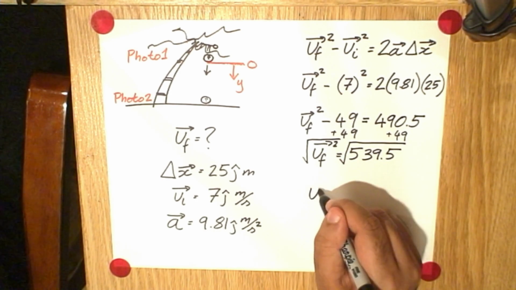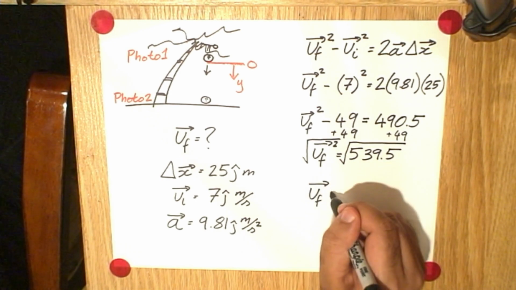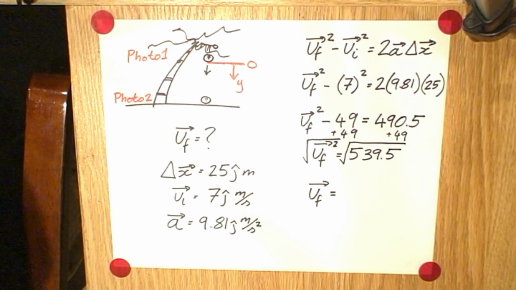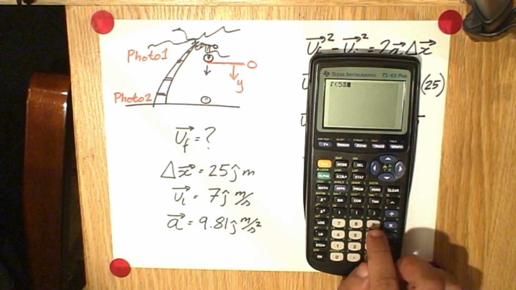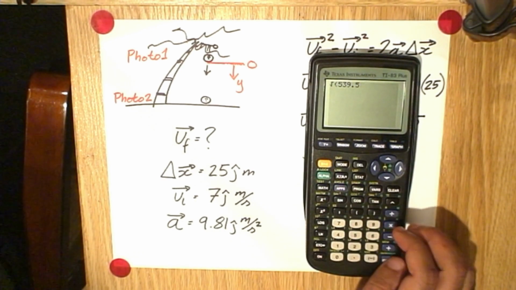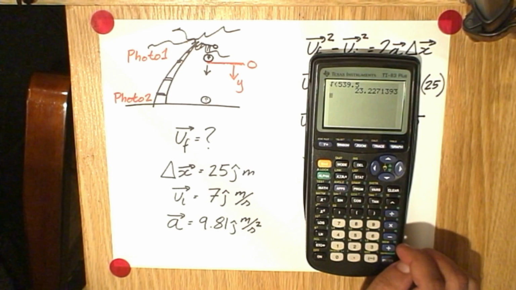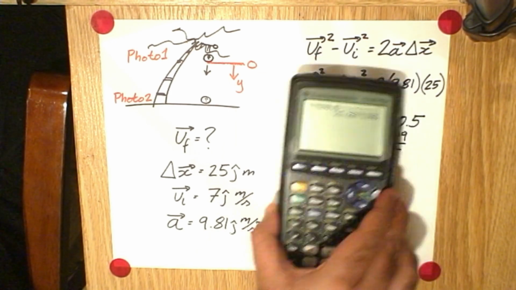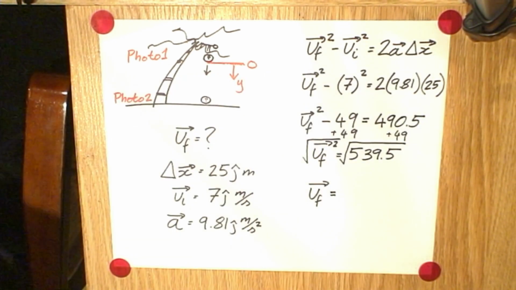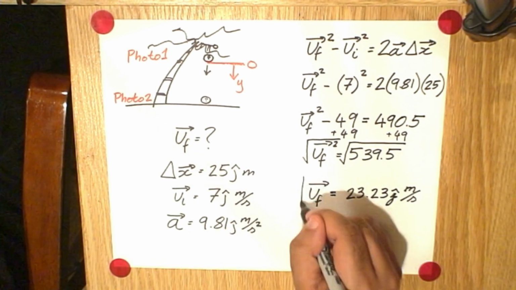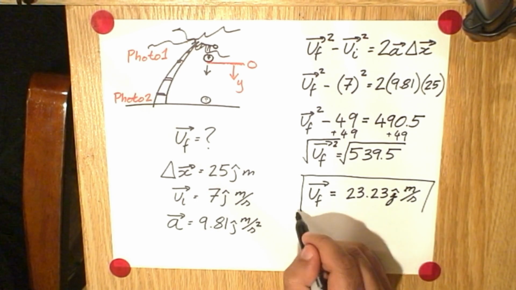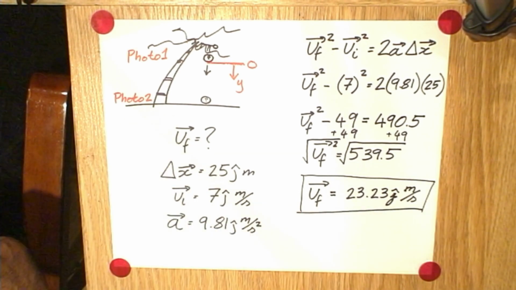That'll give us V final is equal to, I can't take the square root of 539.5 in my head, so 23.23. So this is the final velocity of the coconut, just before it hits the ground.